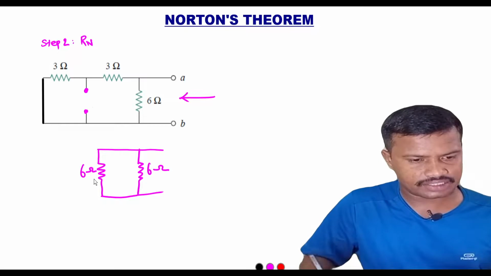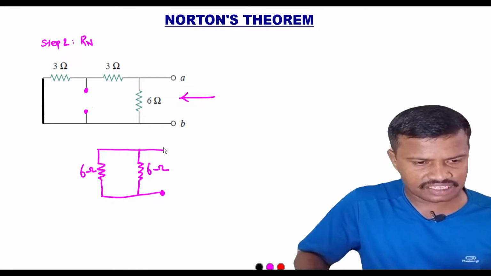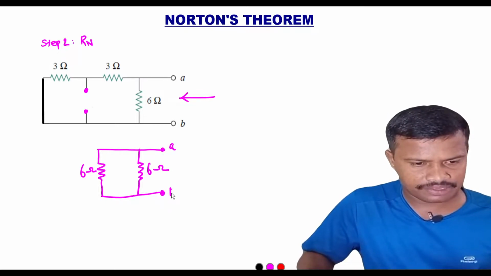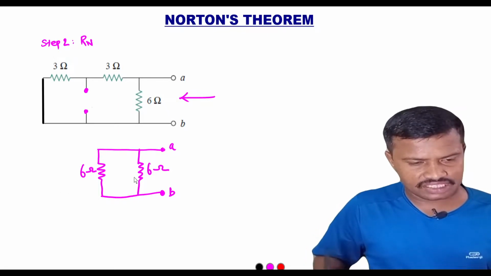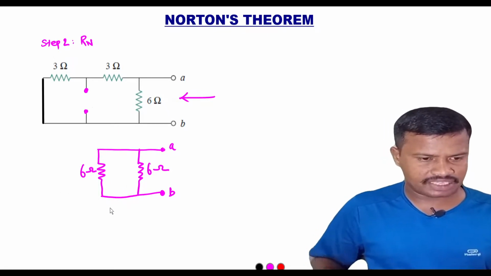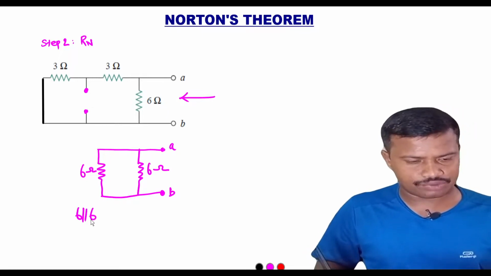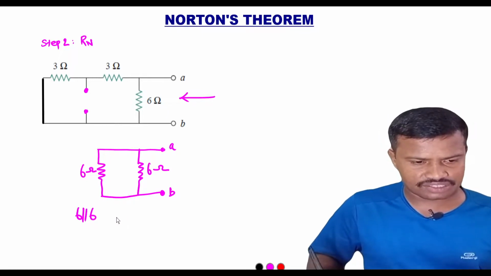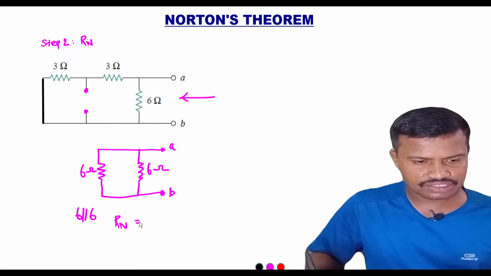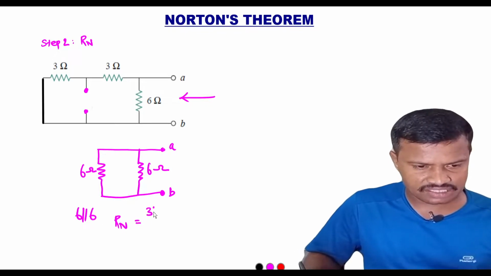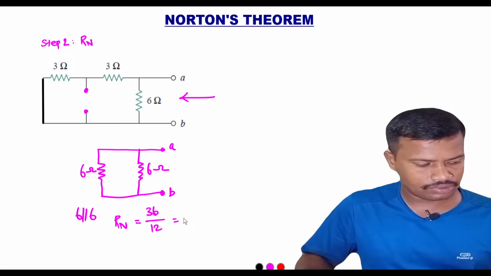We have drawn it here, and these are terminals A and B. Now when we see both are in parallel combination, so 6 ohm is in parallel with the other 6 ohm resistor, so the equivalent resistance will be Rn is equal to 36 divided by 12 ohm, which is equal to 3 ohm.